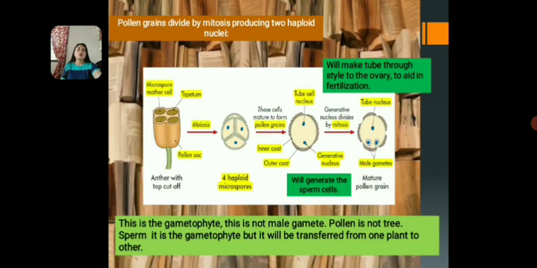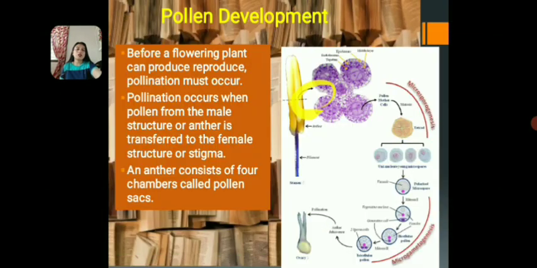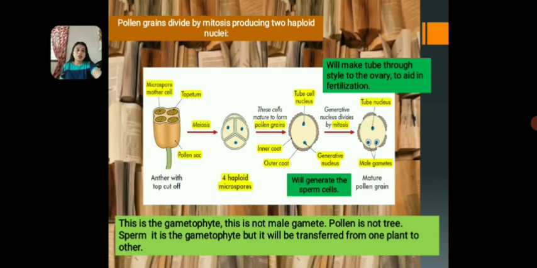So we have the male gametophyte, or pollen. Inside the pollen, there are two distinct cells: the tube cell and the generative cell.